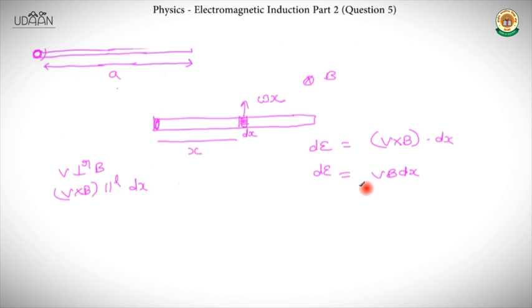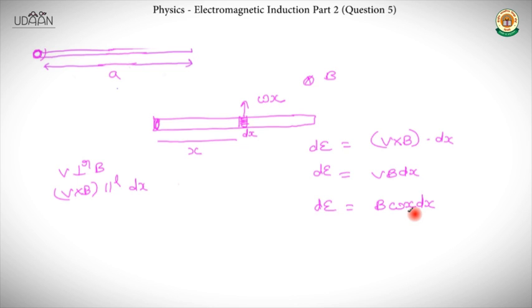And velocity is a function of distance. Because of this, the EMF induced can be written as B into omega x into dx. That is a function of x, right. So the EMF varies with respect to the distance of the small particle dx.